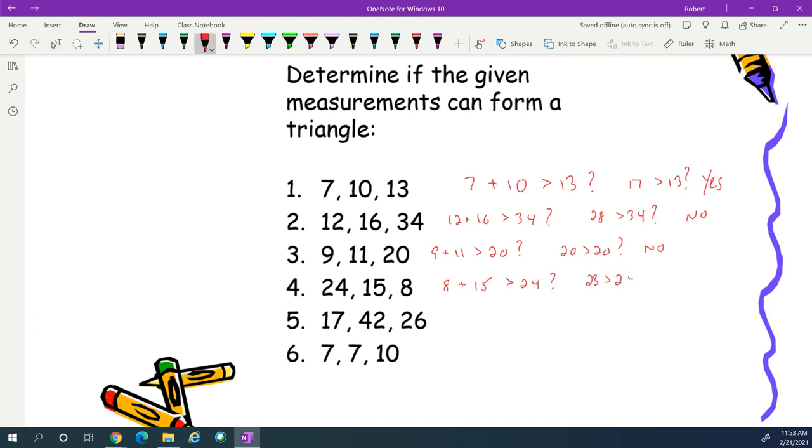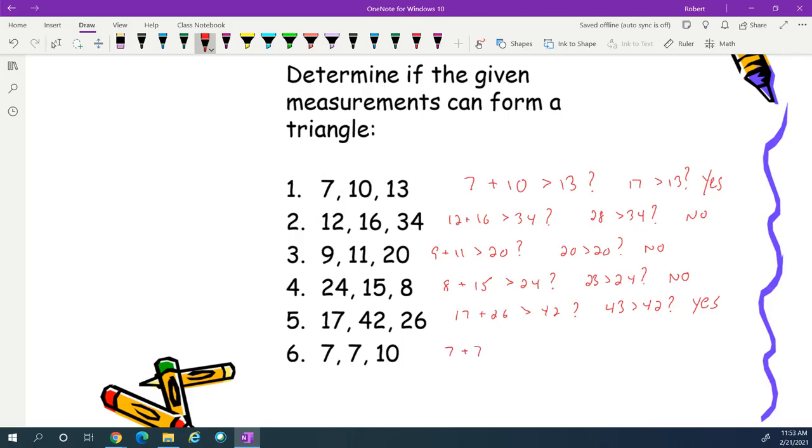Is 23 greater than 24? Again, that's a no. 17 plus 26, is that greater than 42? Well, 17 plus 26 is 43. So that's a yes. It does form a triangle.